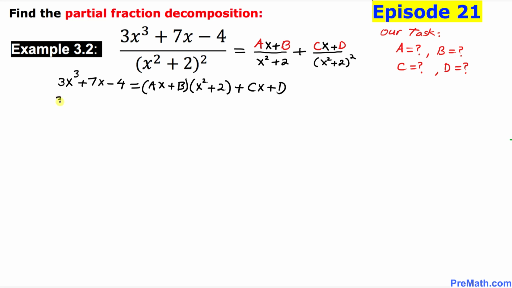So let's keep moving further. I'm going to again just copy it down, 3x power 3 plus 7x minus 4 on the left hand side, and here I am going to multiply these two parentheses. I'm going to use the FOIL method. That means ax times x squared is going to make ax power 3, and ax times 2 is going to make 2ax.